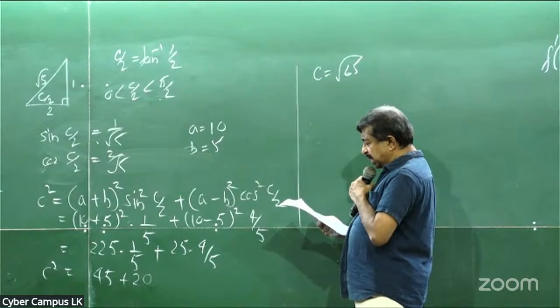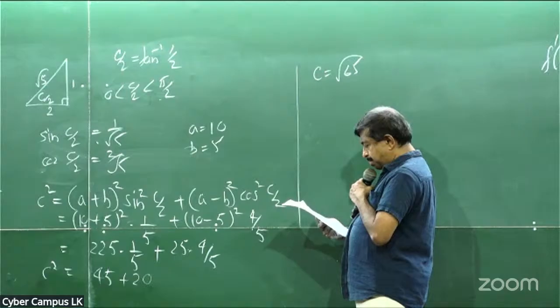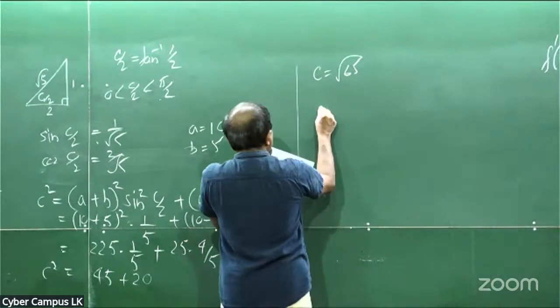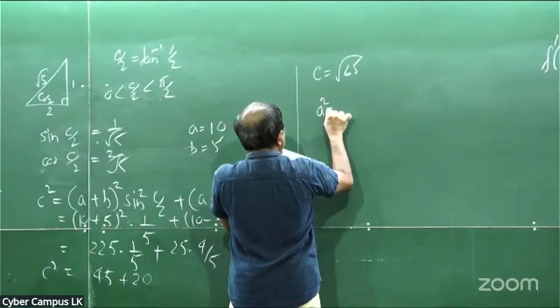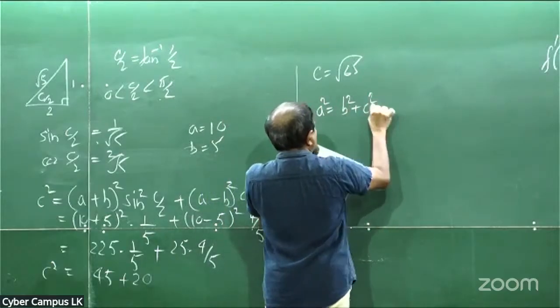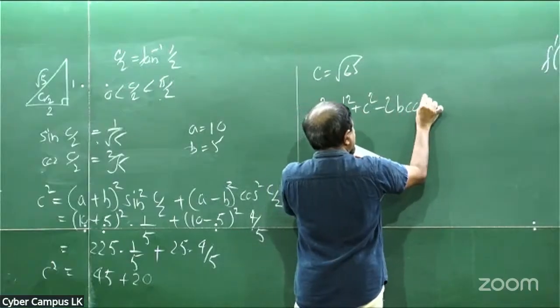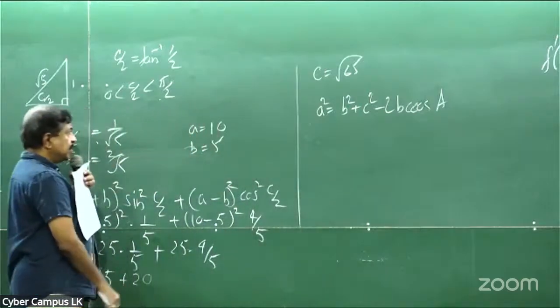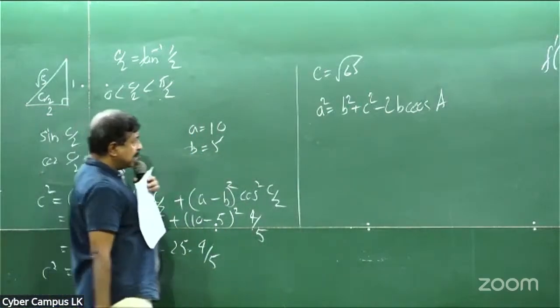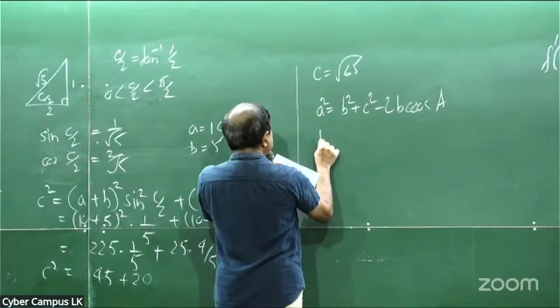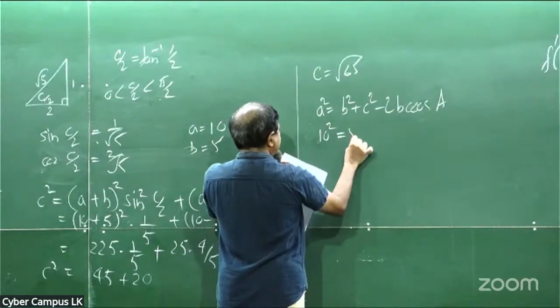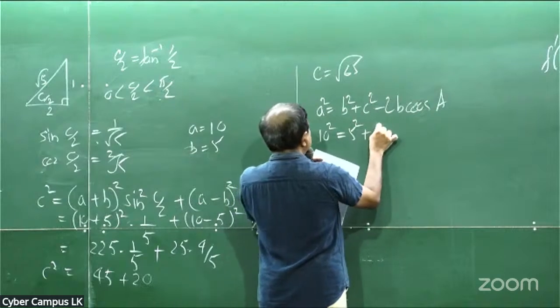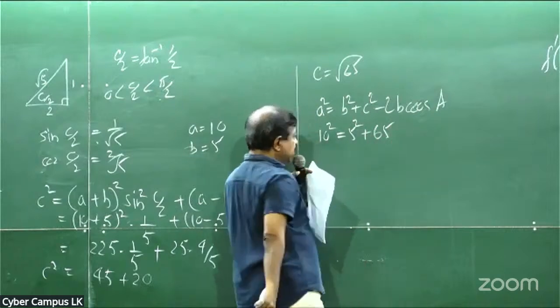Now we need to find A. We'll apply this. This way you have cosine. Now we know all the three sides, so it's not a big deal for us to find cosine. A is 10, B is 5, C is square root of 65.